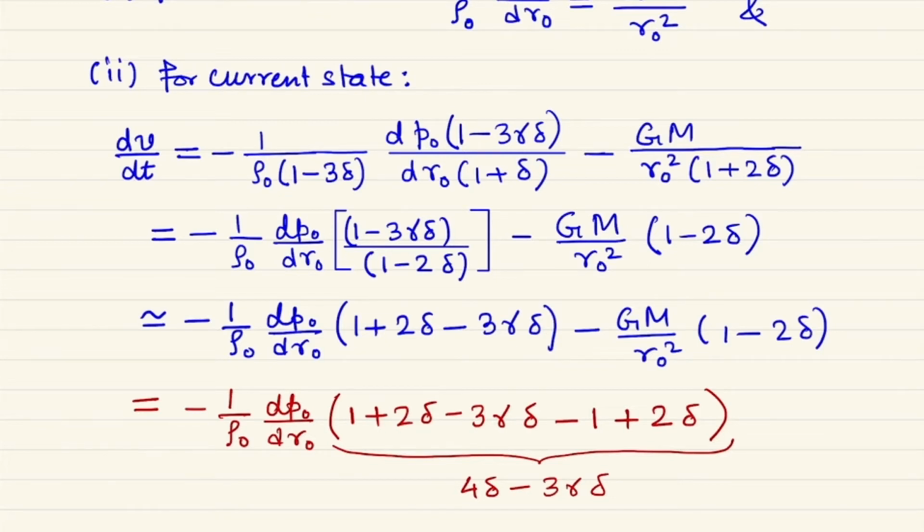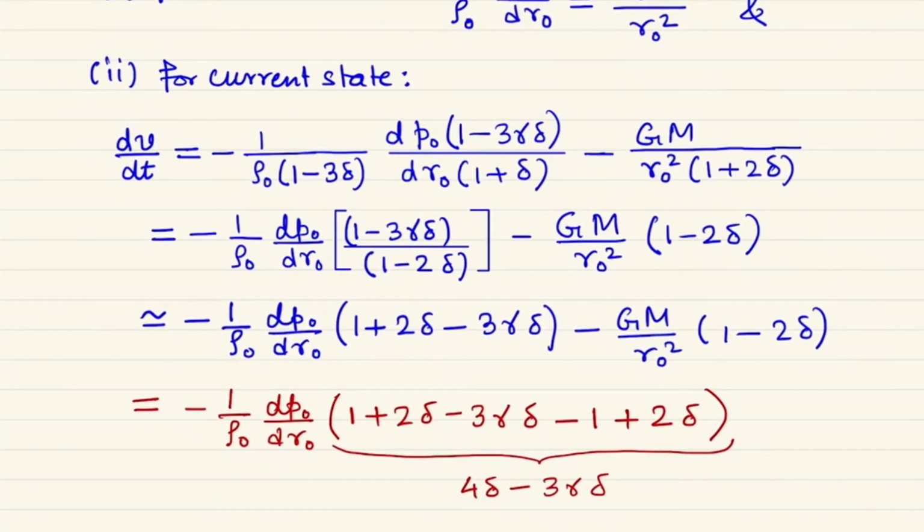So (1 minus 3 gamma delta) times (1 plus 2 delta) finally gives you, to first order, 1 plus 2 delta minus 3 gamma delta, and this will be multiplied with the initial pressure gradient force term, minus the initial self-gravity force term times (1 minus 2 delta). So this is the factor which is now multiplied with the initial term, and we know this one is equal to this one due to this relation.